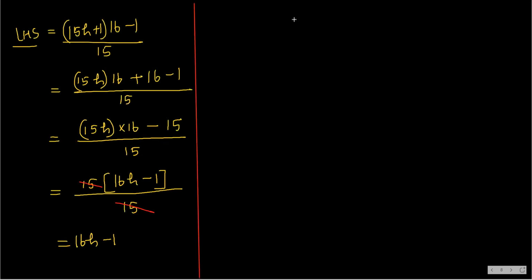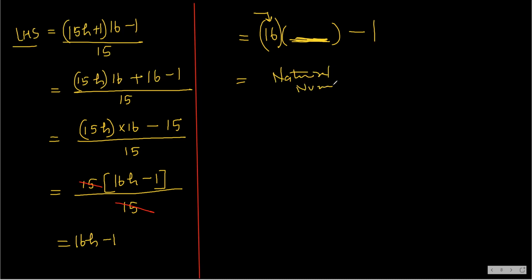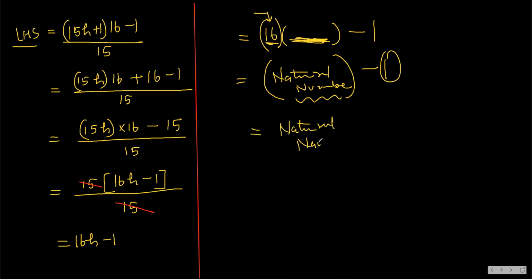Okay, so here I have 16 multiplied by a natural number, minus 1. Now tell me, 16, which is a natural number, when it multiplies a natural number, what do you get? You get a natural number. So when two natural numbers multiply, you end up with a natural number, minus 1. Now when you subtract 1 from a natural number, you are left again with a natural number.